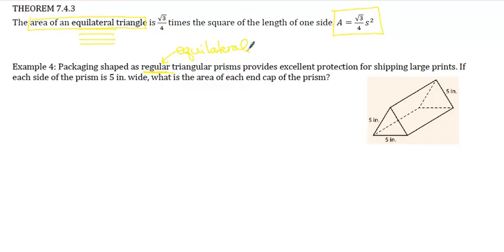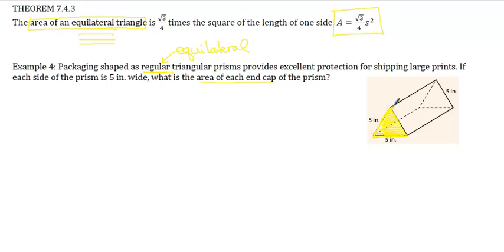This packaging shaped as a regular or equilateral triangular prism provides excellent protection for shipping large prints. If each side of the prism is 5 inches wide, what is the area of each end cap of the prism? Okay, so we're just talking the end cap.